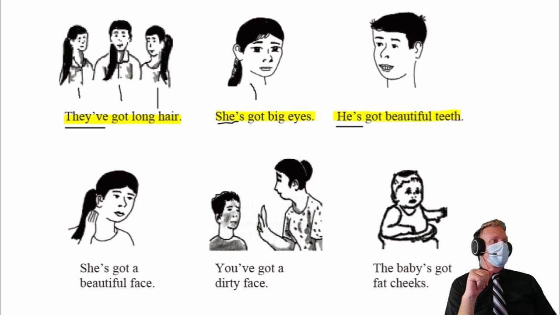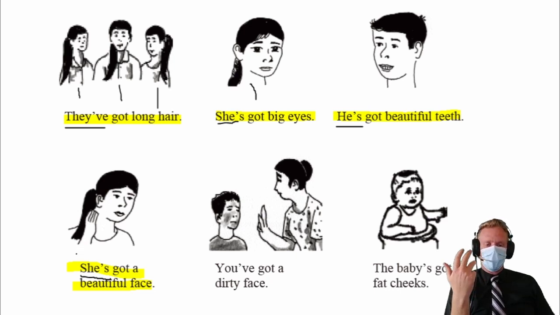Right. Now, the next one. She's got a beautiful face. Right? She has. Yes, she has because one. And got a beautiful face. And she is also, of course, for a girl. Right. The next one is you've got.